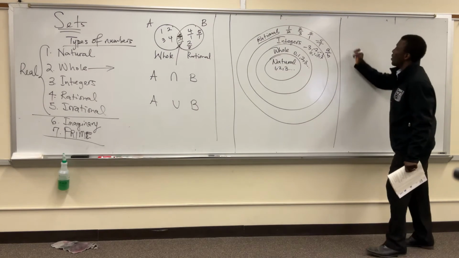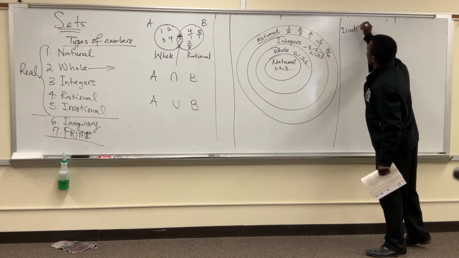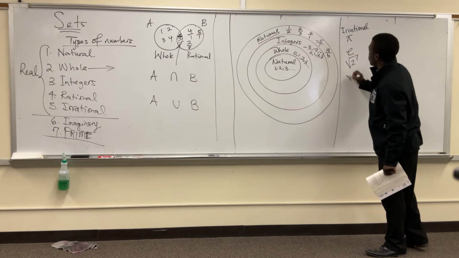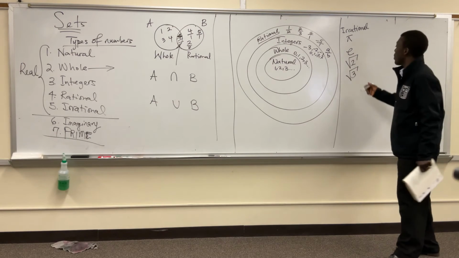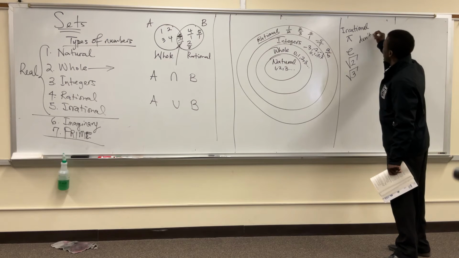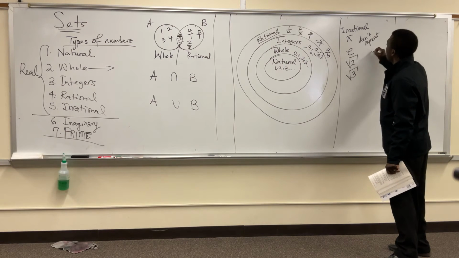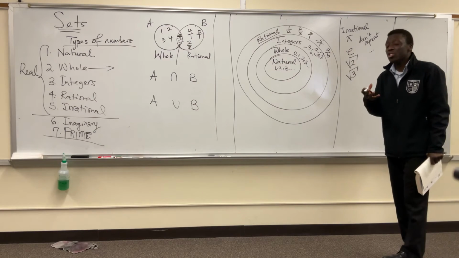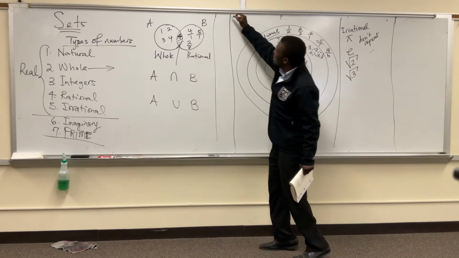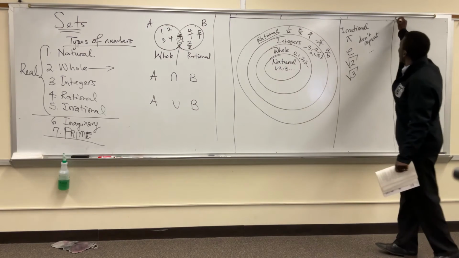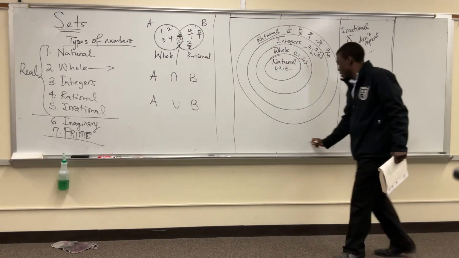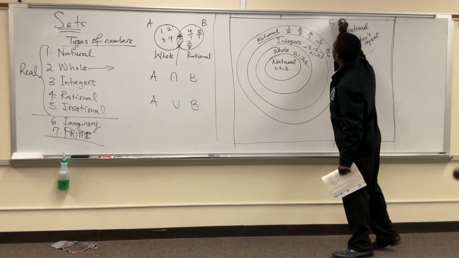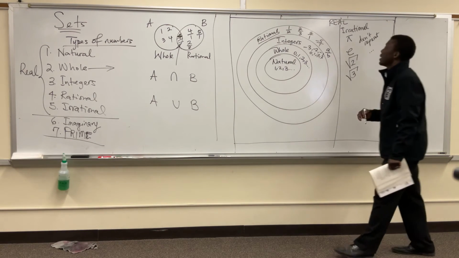Those are over here, and those would be like pi, e, the square root of 2, the square root of 3, the square root of any prime number. These are numbers that don't repeat and just go on. Some of them are called transcendental numbers. But all of these belong in the same category of real numbers.